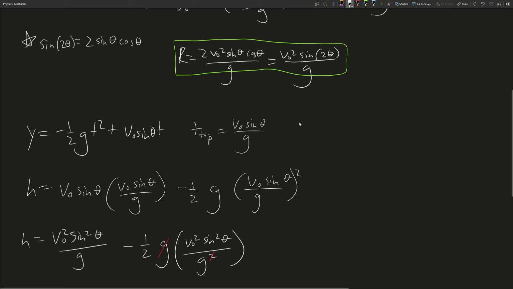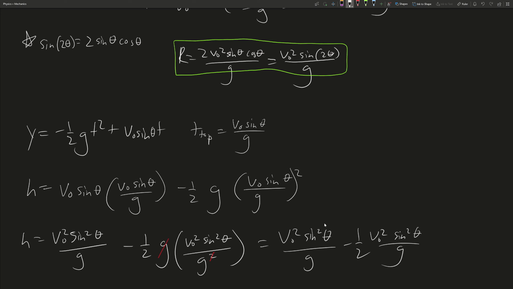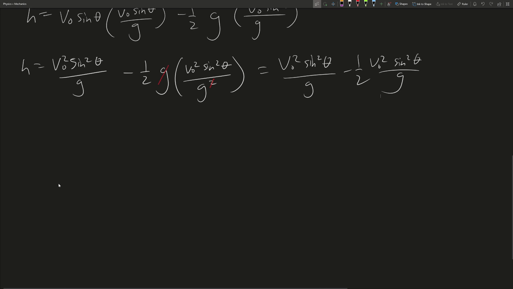And so this is equal to v0 squared sine squared theta over g minus 1/2 of v0 squared sine squared theta over g. From this, it should be evident that the maximum height the projectile reaches is equal to v0 squared sine squared theta over 2g.